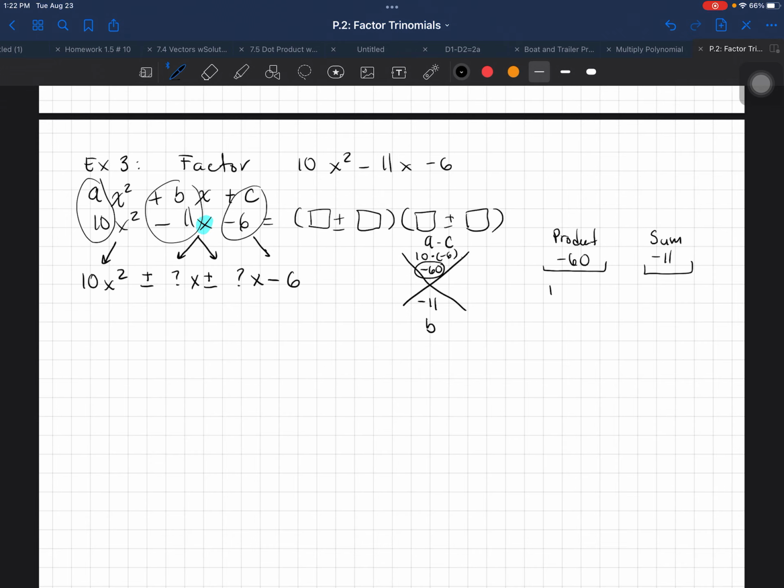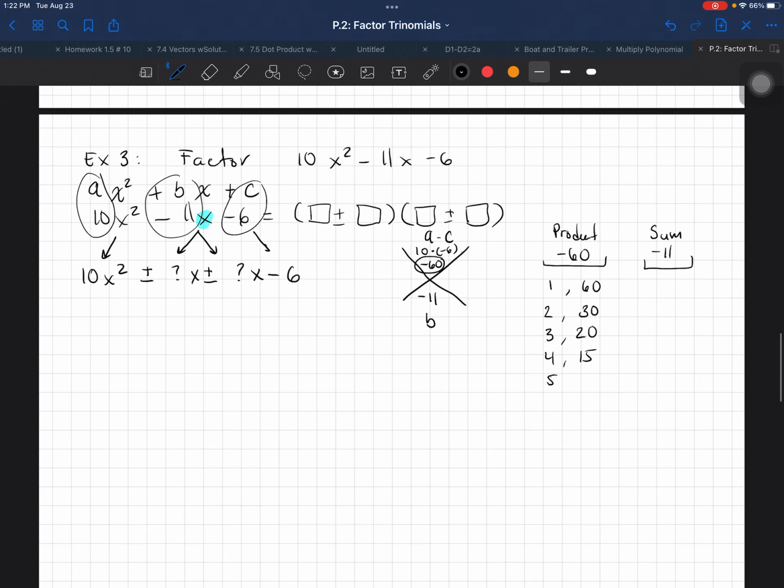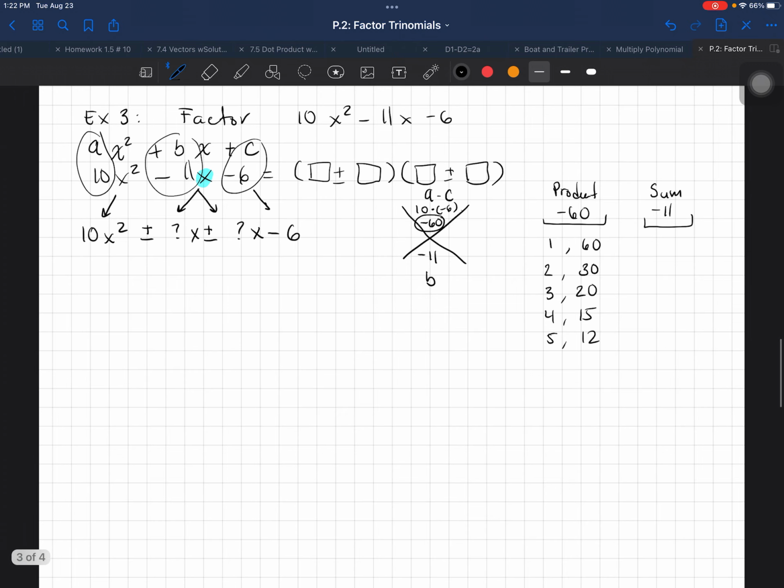Like we said before, we start with 1. 1 times 60 gives you 60. 2 times 30 gives you 60. 3 times 20 gives you 60. 4 times 15 gives you 60. 5 times 12 gives you 60. 6 times 10 gives you 60.